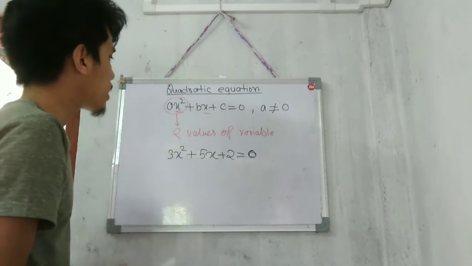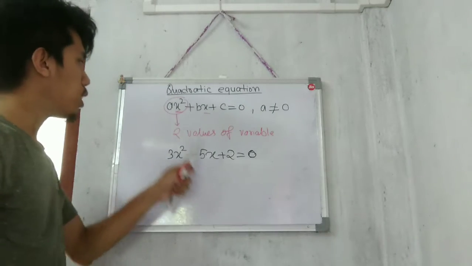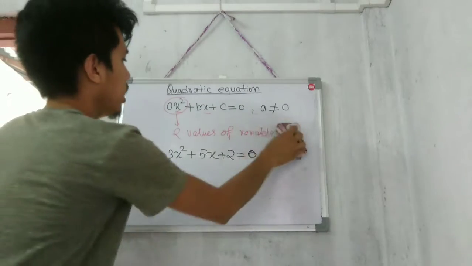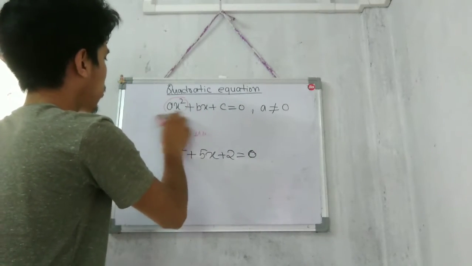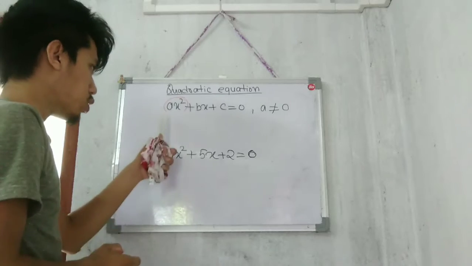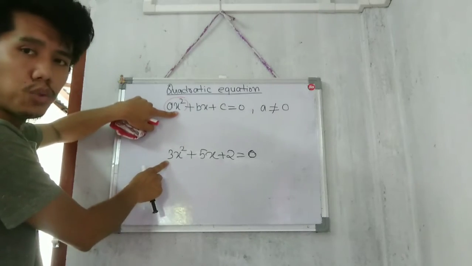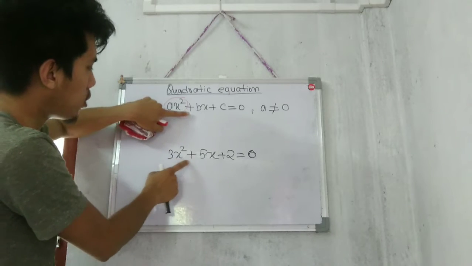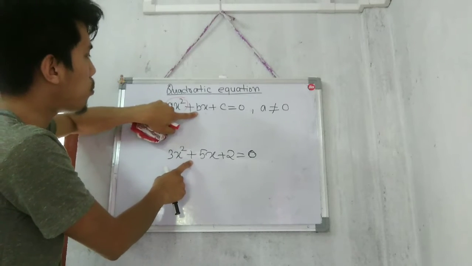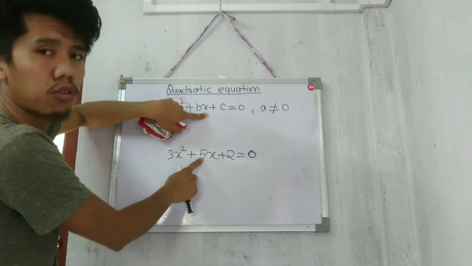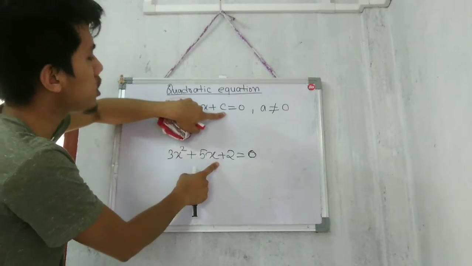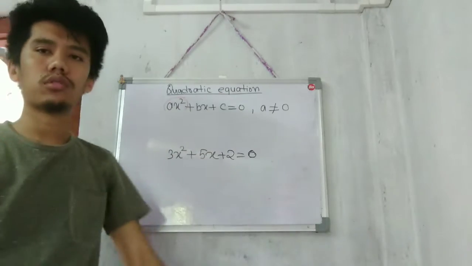Now let's compare this example with the general expression. Here we have ax square, and there we have 3x square. bx is there, and here we have 5x, and plus c, here plus 2, equal to 0.